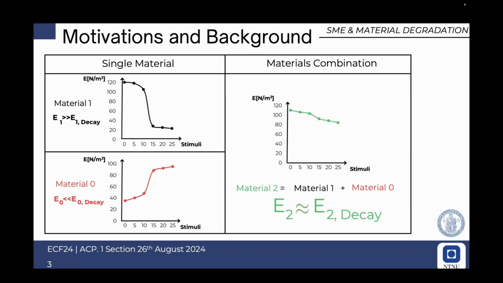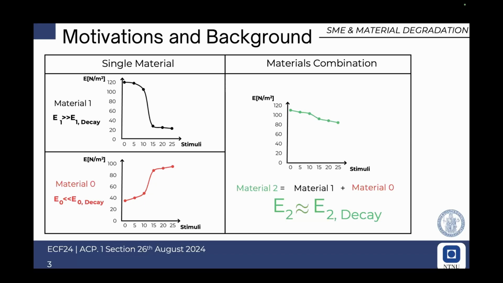If the temperature is low, we have a low external stimulus, we have a high Young modulus. As soon as the temperature increases and exceeds the glass transition temperature, we see a drop of the Young modulus and the transformation of the material into a soft elastomer.